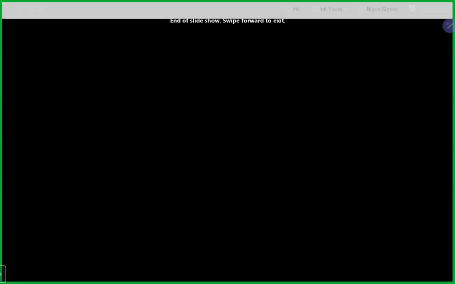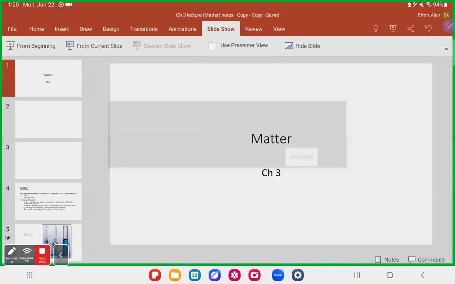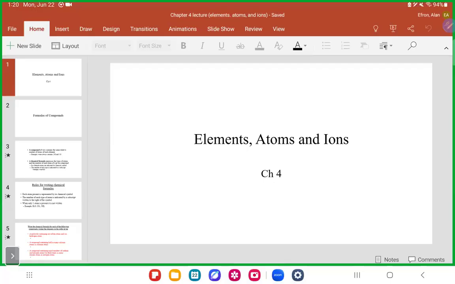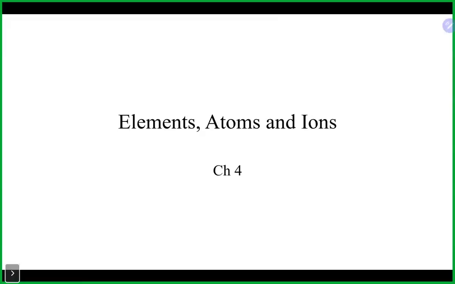We can go off to the next one, which I think is chapter 4. So we're going to go to chapter 4 next, and we're going to talk about elements, atoms, and ions.